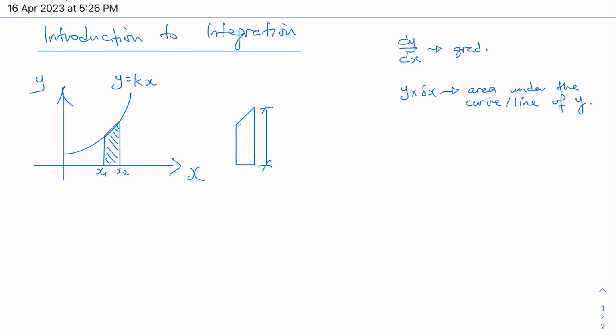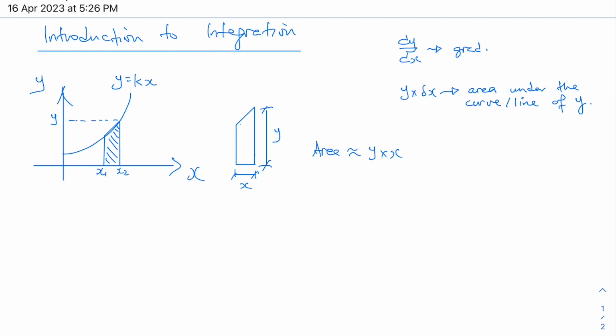This height is essentially y multiplied by a value of x. So the area is actually approximately y times x.